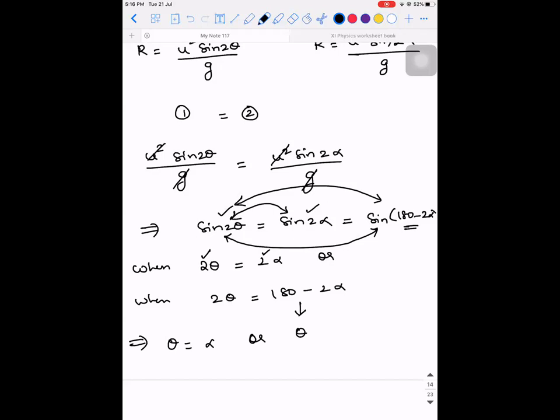So from this case, what will I get? Theta will be equal to 90 minus alpha. So what is the meaning of this? That theta and alpha should be complementary angles.